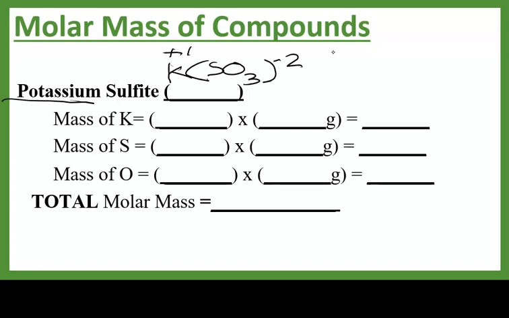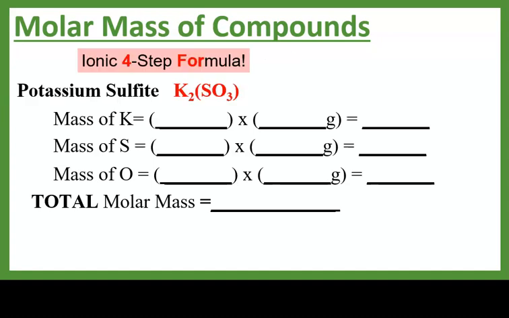Oh, that's right, I've got a crisscross, so that 2 is going to come over here, and the 1 is going to go over there. Okay, so I know now that I have 2 of my potassiums because of the formula that I just wrote. I have 1 sulfur, and I have 3 oxygens.